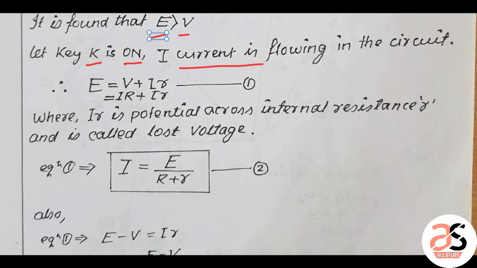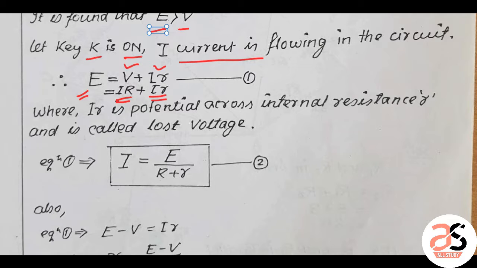At the time current I is flowing in the circuit, the expression will be: total EMF is dropped across the terminal potential, the external potential drop, and this internal one. So external is I into R, internal is capital I into small r.